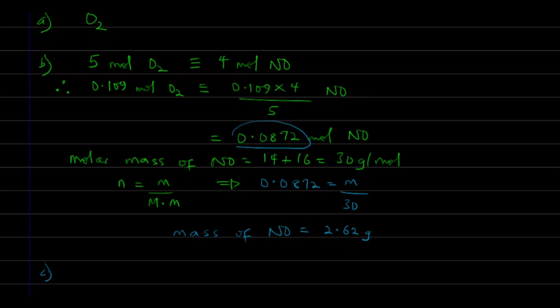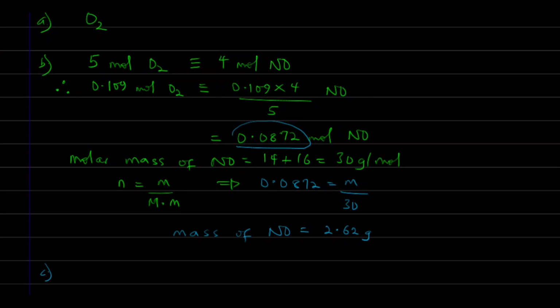Then the C part says that we should know the amount of the excess reagent that is left. In order to do that, we need to know the number of mole of the excess reagent that reacted with the limiting reagent. How are we going to do that?